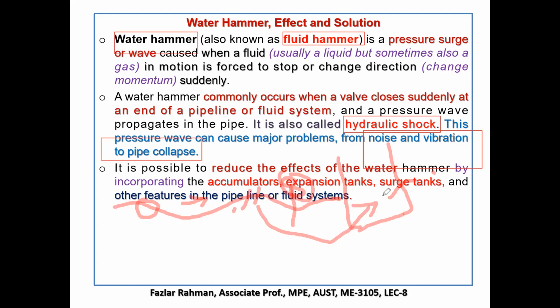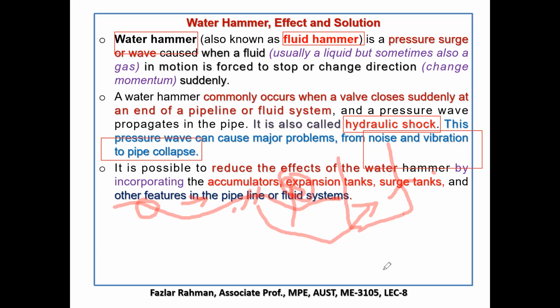For example, you may be working in a chemical industry where they make sulfuric acid, or working with liquid nitrogen, liquid oxygen, crude oil, or natural gas. Sometimes you might be working in a nuclear power plant. In those sensitive areas, you have to make sure that no water hammer or fluid hammer will happen if you close a valve suddenly.